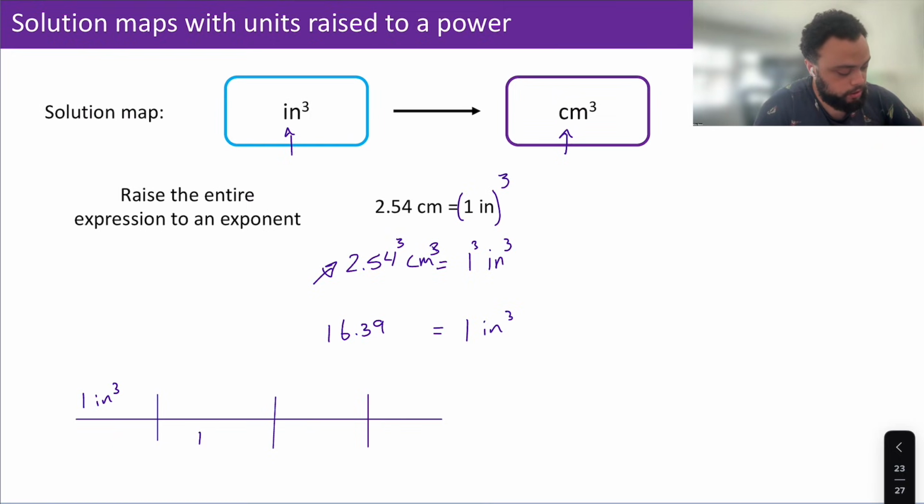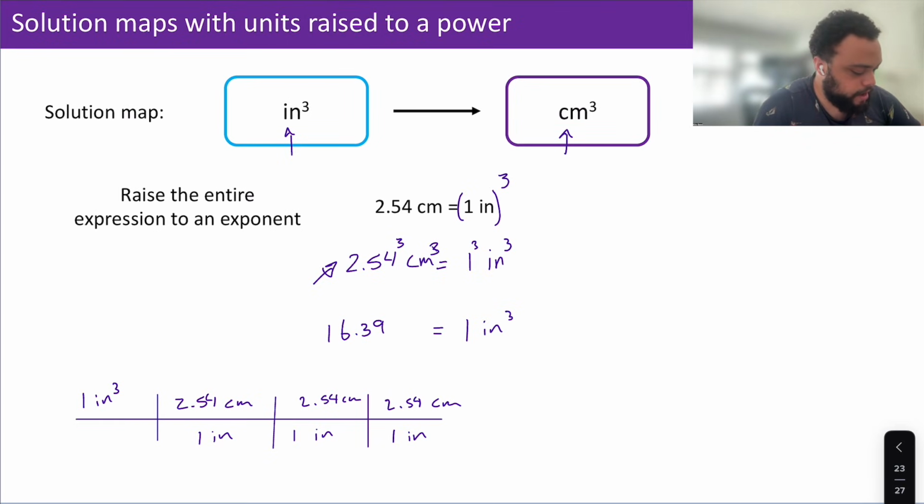So 1 inch is equal to 2.54 centimeters, just centimeters. We'll do that again. 1 inch is 2.54 centimeters. 1 inch is 2.54 centimeters.